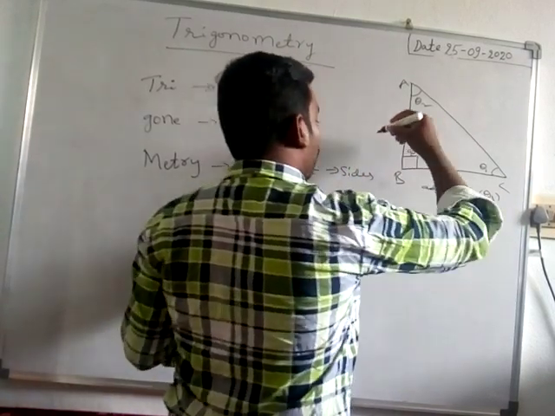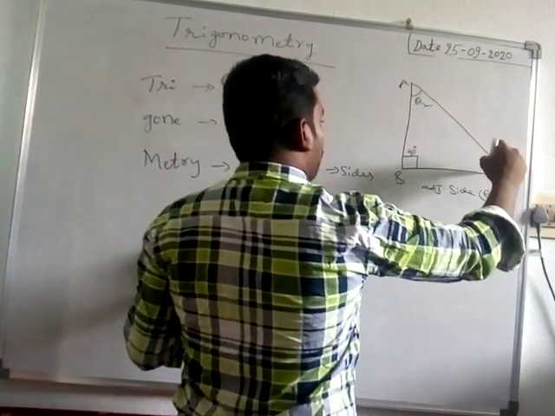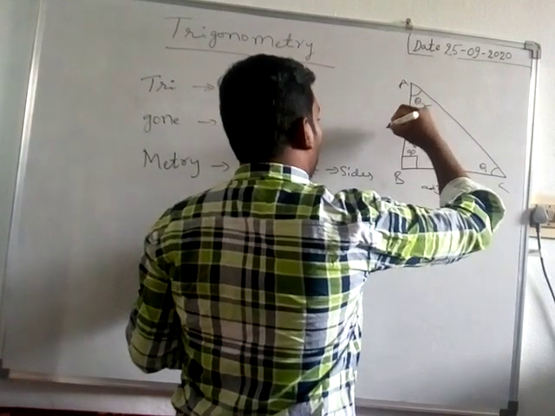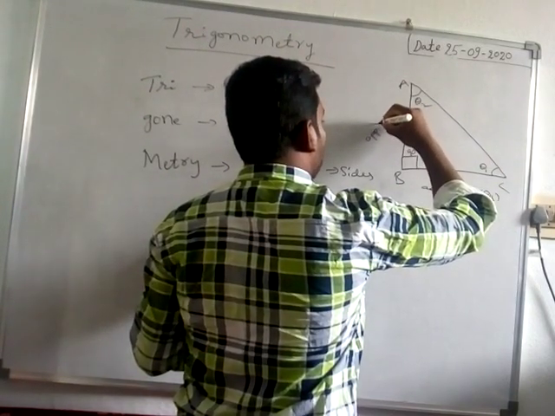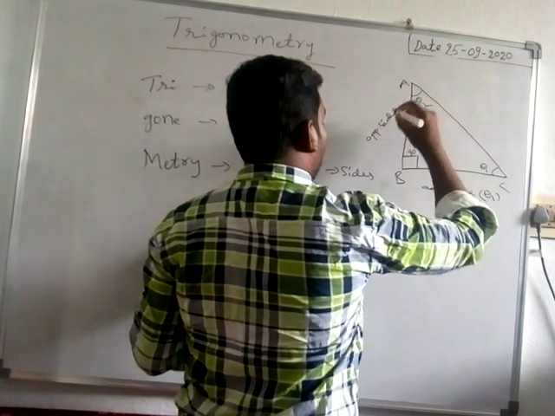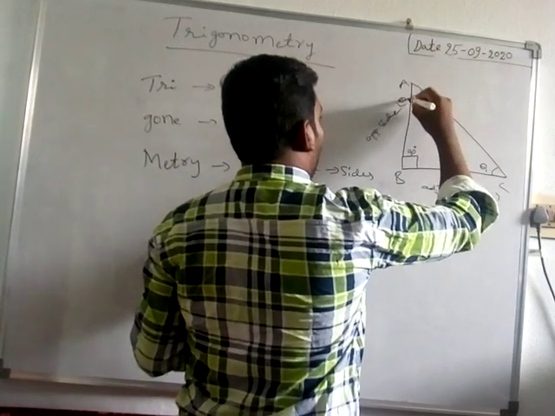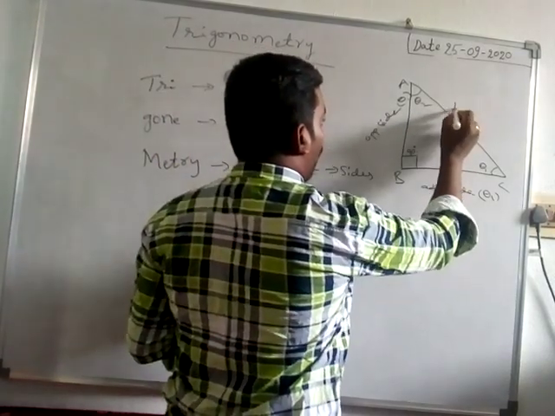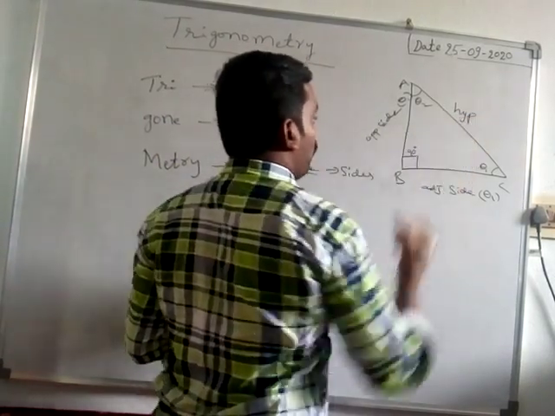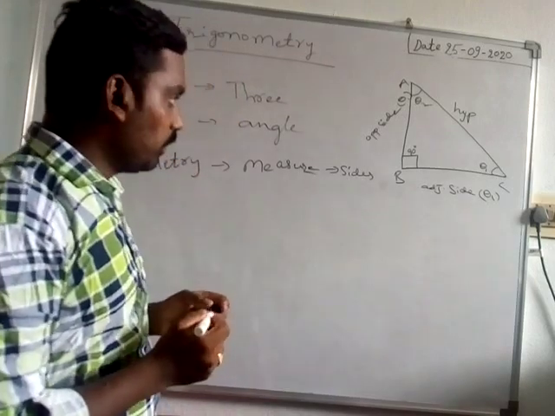The side opposite to theta 1 is called the opposite side. Opposite to the right angle is the hypotenuse. These are the three sides.